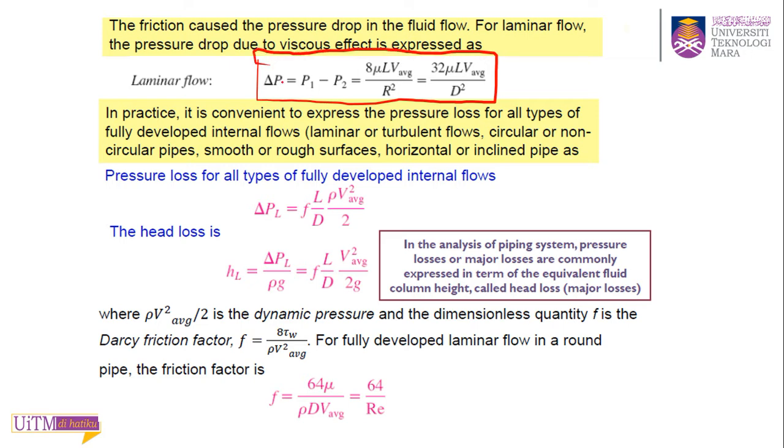This is for laminar flow. To calculate the pressure drop, P1 minus P2. Another question: why is the pressure drop delta P equal to P1 minus P2? Normally if you have a delta Y, the change in Y, or delta V, the change in velocity, you write it as Y2 minus Y1, the final minus the original, right?